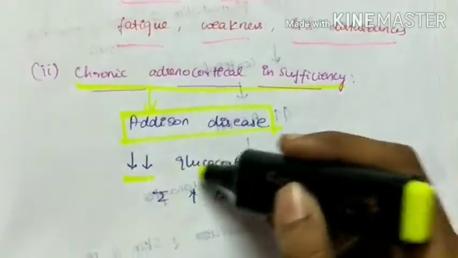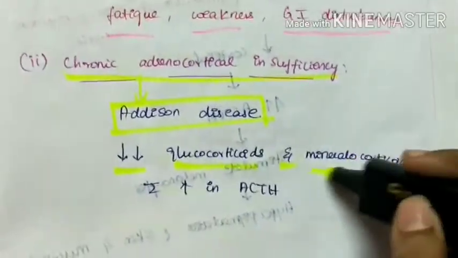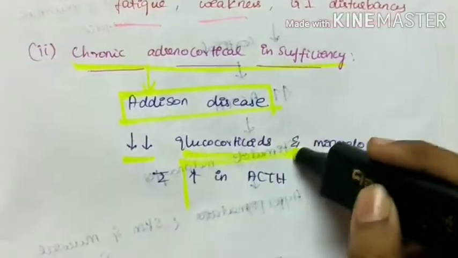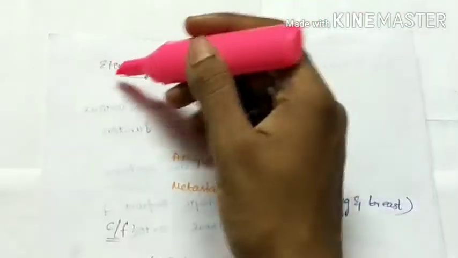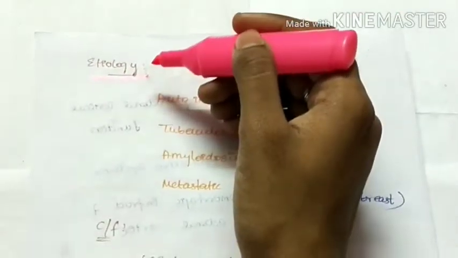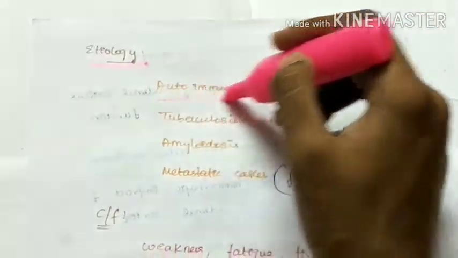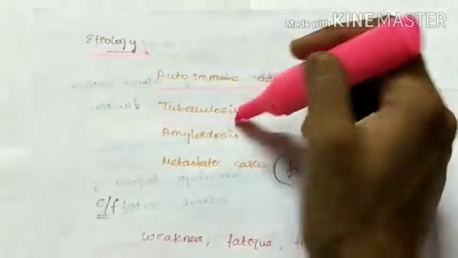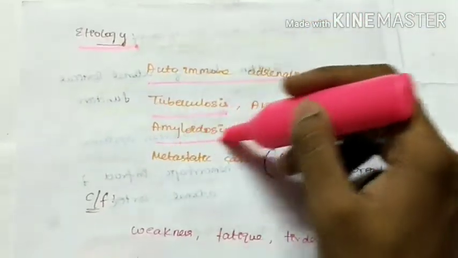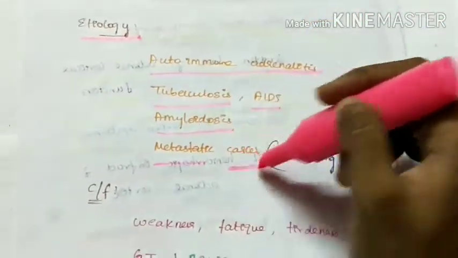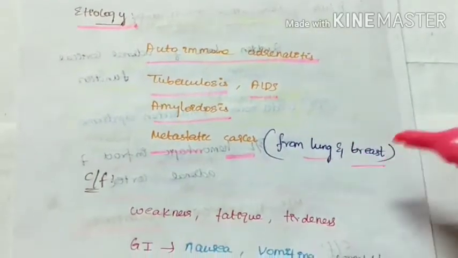There is decreased glucocorticoids and mineralocorticoids with increase in ACTH secretion. Etiology for chronic adrenocortical insufficiency includes autoimmune adrenalitis, tuberculosis, AIDS, amyloidosis and metastatic cancer from the lung and the breast.